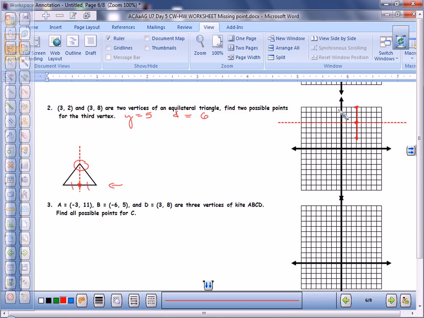And that point could be over here or over here, couldn't it? But we know a distance. We know a point. And we know what the y value of the other point has to be. Oh, that looks awfully similar to the warm-up we did, doesn't it?